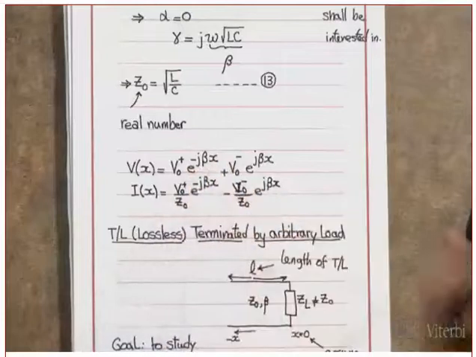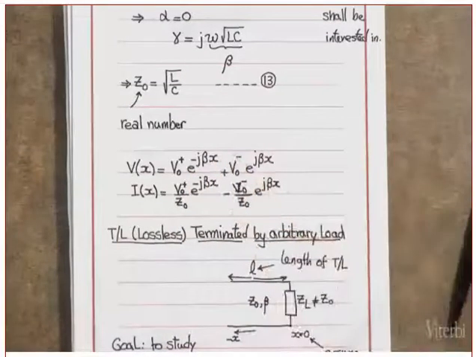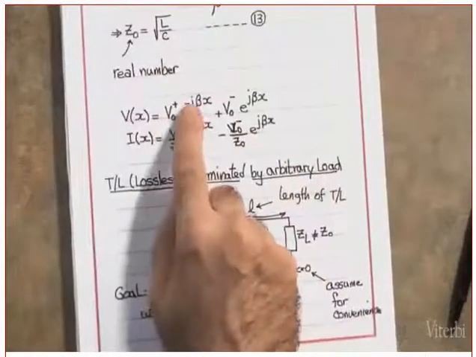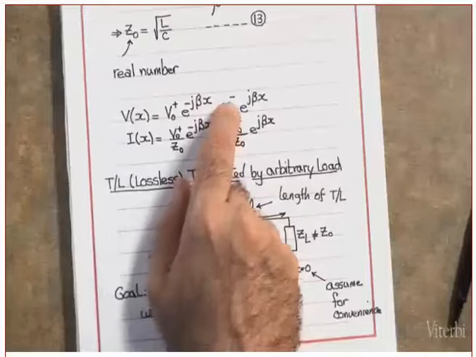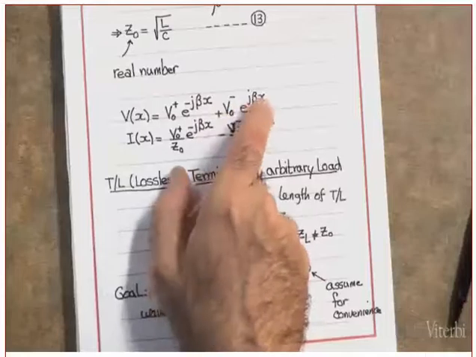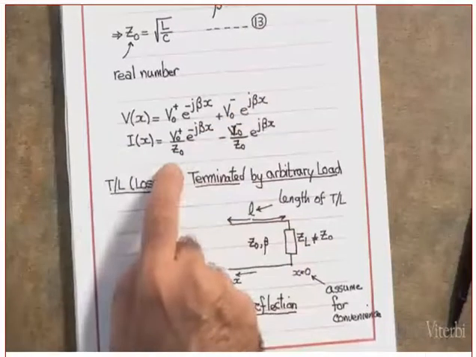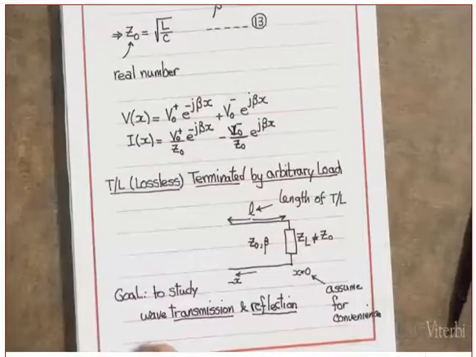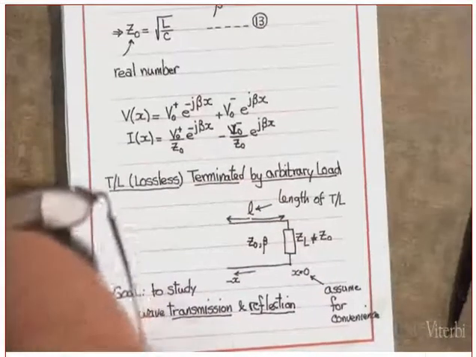Because alpha is equal to 0, so gamma is purely imaginary. The current is the same thing divided by Z naught, but this one is negative. Clear so far?